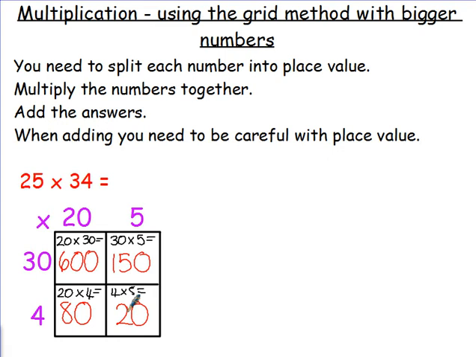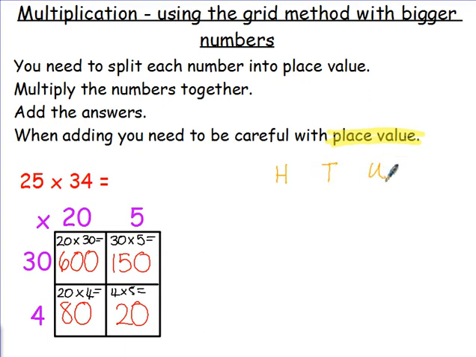When you're adding your numbers together, you need to be really, really careful with your place value. That's the main problem. So automatically I know that my biggest thing is the hundreds. So I'm going to go hundreds, tens and units.